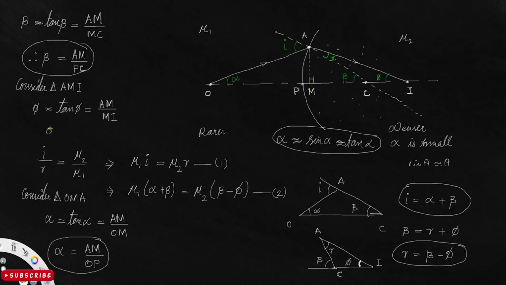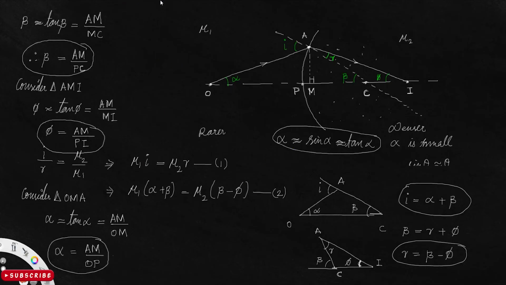So phi will be AM divided by, instead of MI, I can write PI. So we got alpha, beta and phi. Now let me put all these values. I circled all these values in equation number 2.